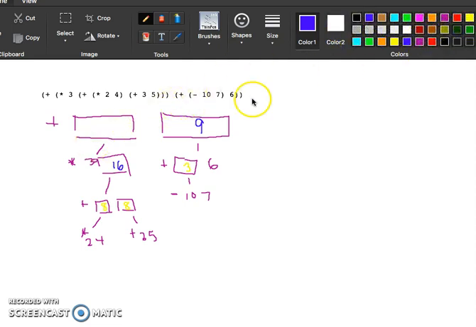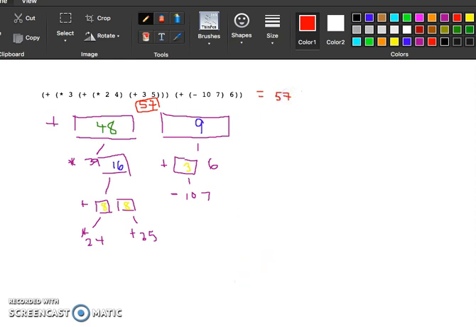And 48 and 9 is going to end up being 57. So we're going to end up getting 57 out of that.